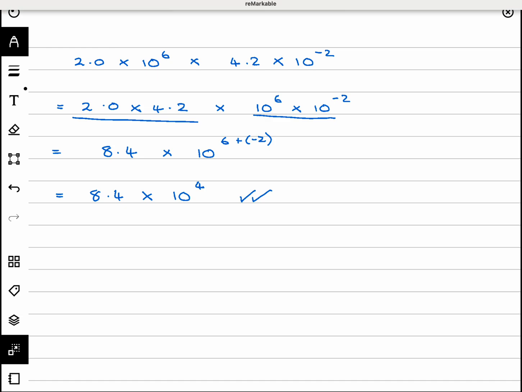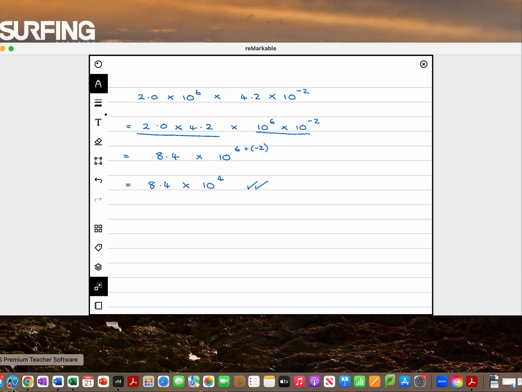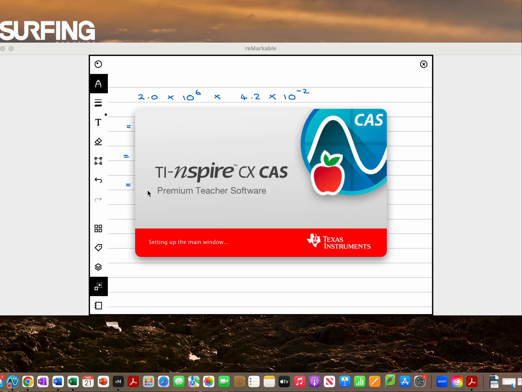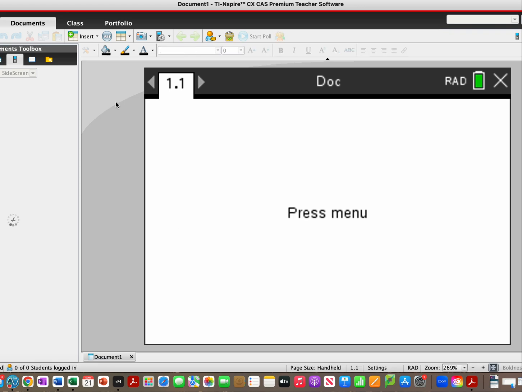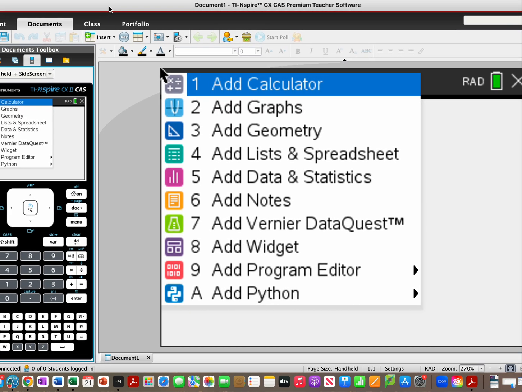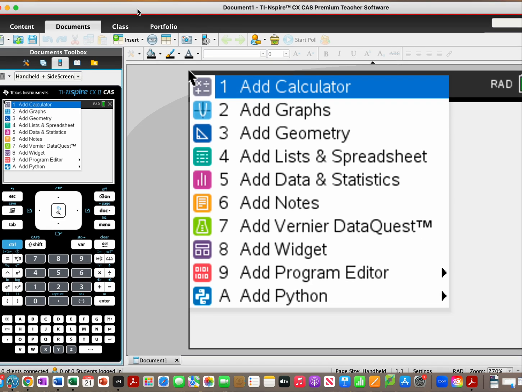All right, so I'm just going to switch over to the calculator for a moment. Just bear with me whilst we're bringing it up, so that you can see it, and I'll show you how we write scientific notation on the calculator and how it's received. So I'm going to pull my calculator to this side.